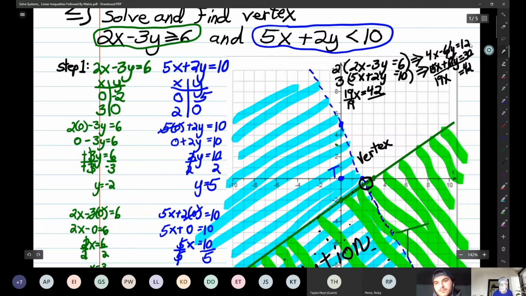So that's what x is. Right here, the x coordinate of the vertex is, yuck, 42 over 19. Now I have to find the y coordinate, and I'm going to save before I do that.